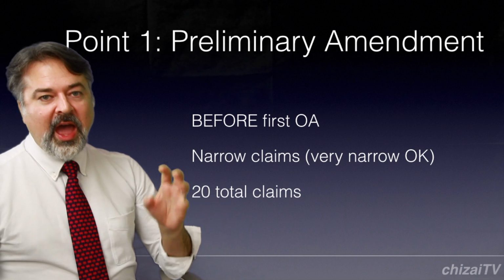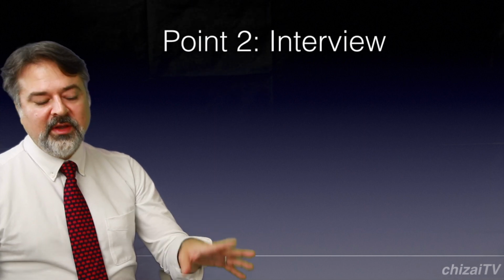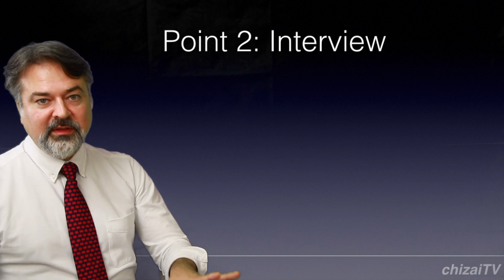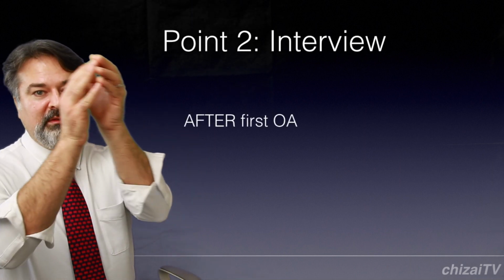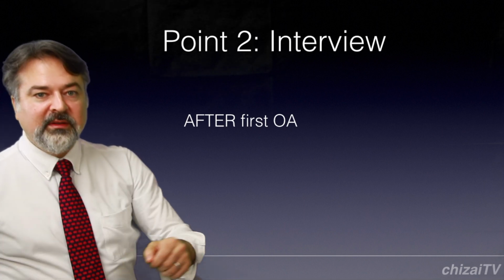So, after the preliminary amendment, we will get a first office action, and then we'll do the interview. The interview is after the first office action. So it's preliminary amendment, non-final office action, then we interview the examiner.